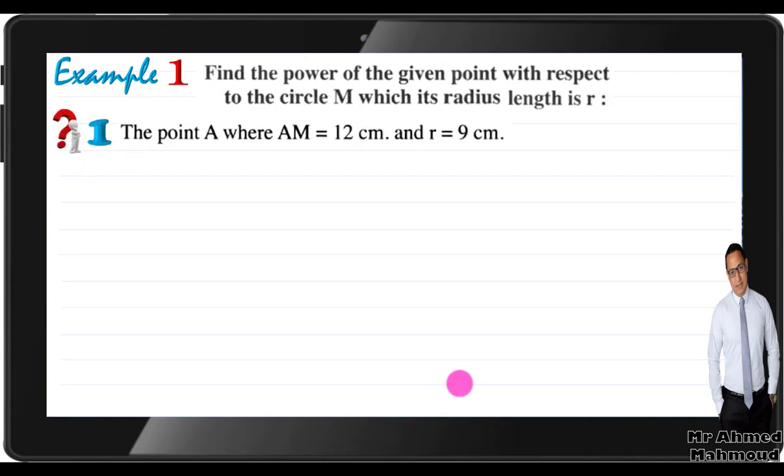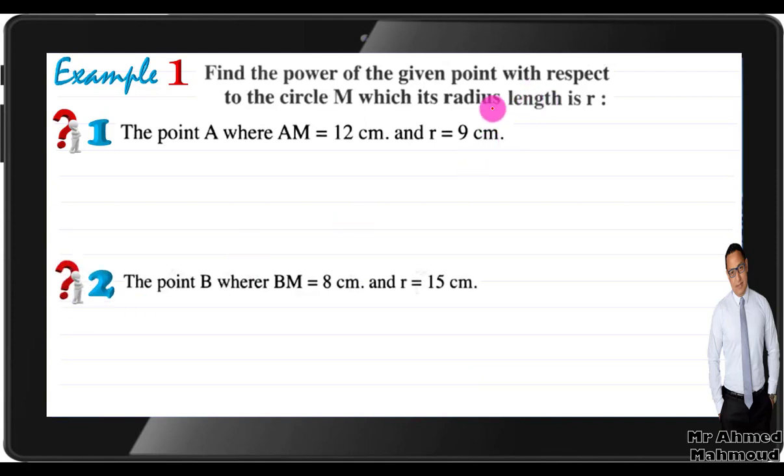Find the power of the given point with respect to the circle M. Here AM equals 12 and R equals 9. If I need to draw, but it's not necessary, this is the point A and this is M. Now R equals 9 and AM equals 12, so this part equals 3.